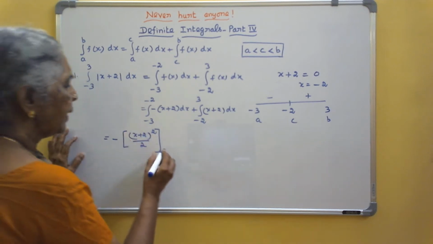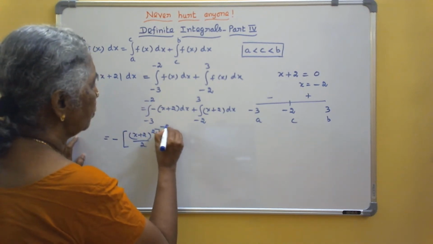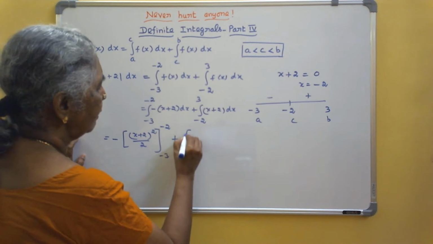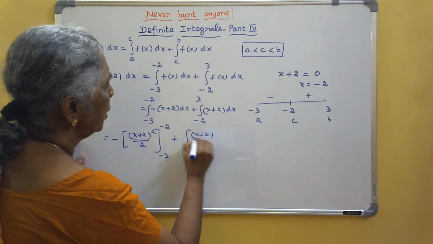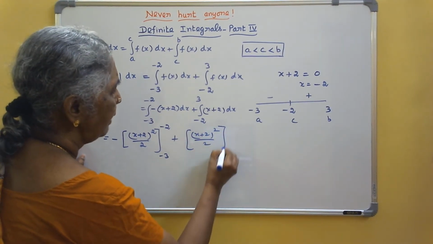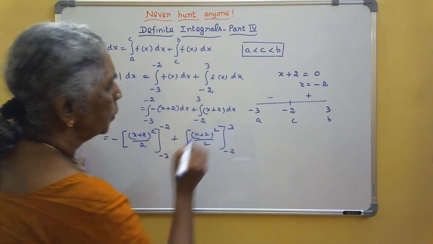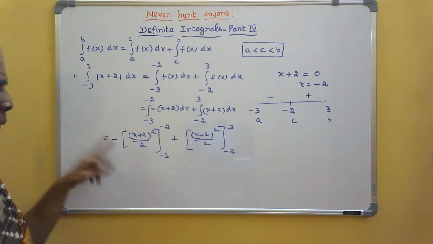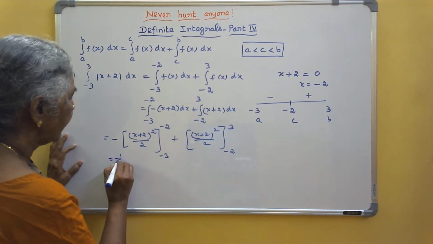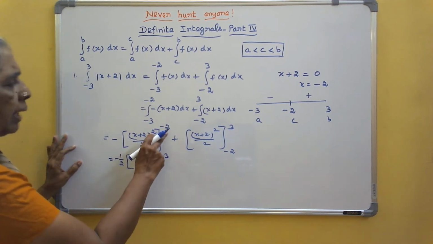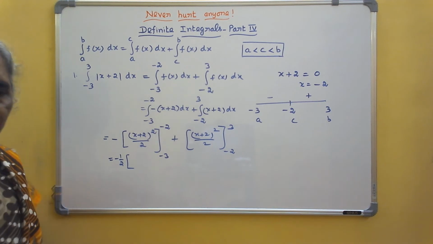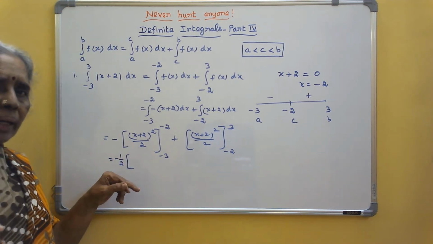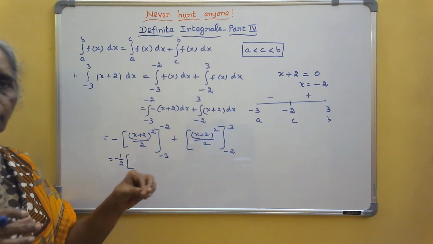Then, within now the limit is minus 3 to minus 2. For the second, it will be x plus 2 the whole square by 2 again. Now it is minus 2 to 3, right? Now, let me take this 2 outside. So, I will be getting minus 1 by 2. The upper limit is minus 2. Now, you will know why I follow this particular method.